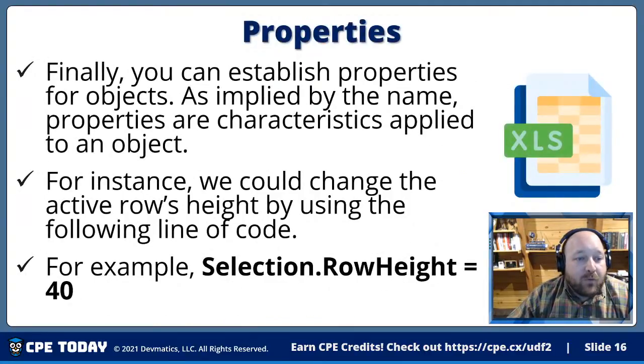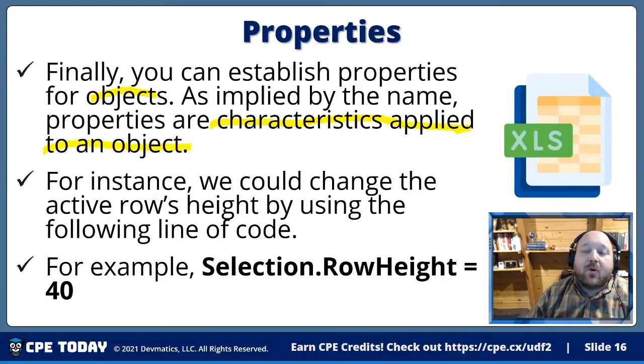We have properties. We can establish properties for these particular objects. As implied by the name, properties are characteristics applied to that specific object. For example, let's say we wanted to change the height on something. The default height in Excel is, I'm going to say, about 18 pixels or something like that, and I want it to be a little bit bigger.